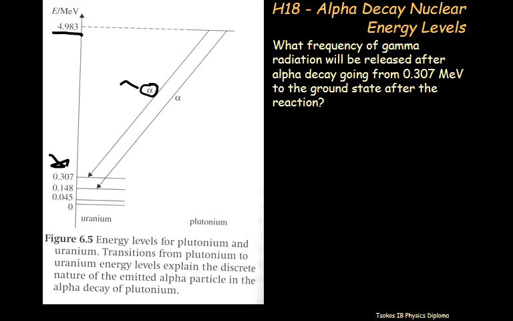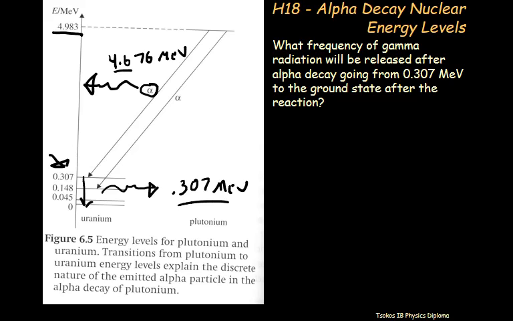Let's calculate that real quick. We go from 4.983 to 0.307, so that would be a 4.676 mega electron volt alpha particle that shoots out. And then after that, the nucleus can drop down to the ground state and shoot out a photon equal to 0.307 mega electron volts, and so we can get that.